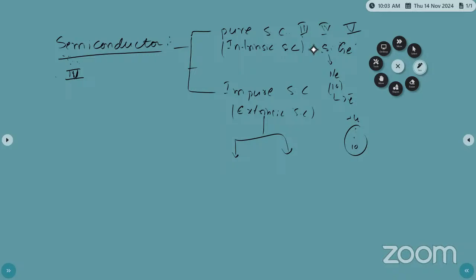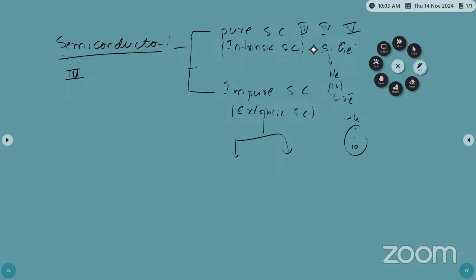Neon is 10, helium is 2. So the distance is 3. So that boron is near to helium, not neon. So the 3 valence electrons. If that boron is donating the 3 electrons to another one, that is in the noble gas, without breaking the remaining 2 electrons.